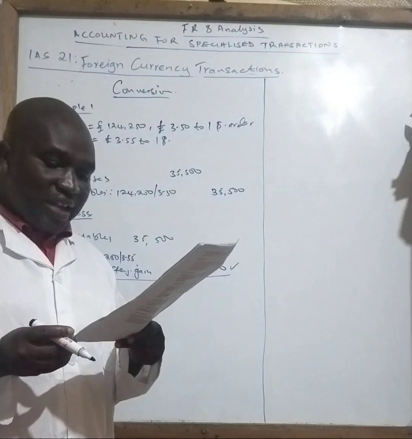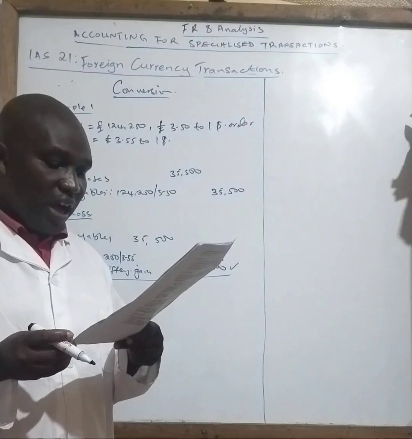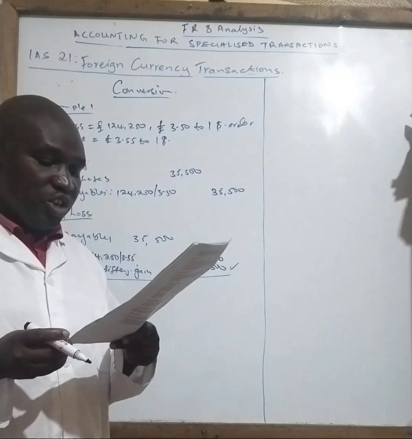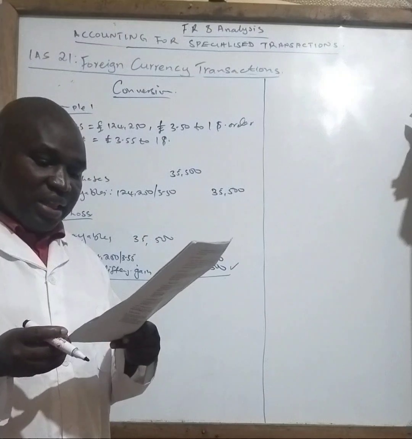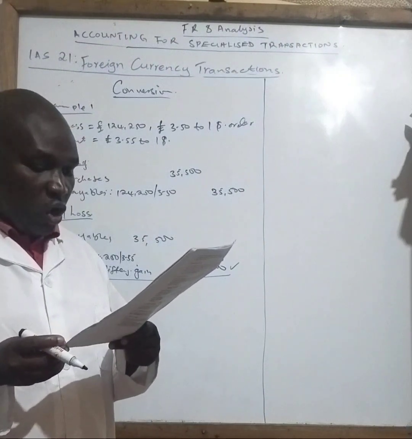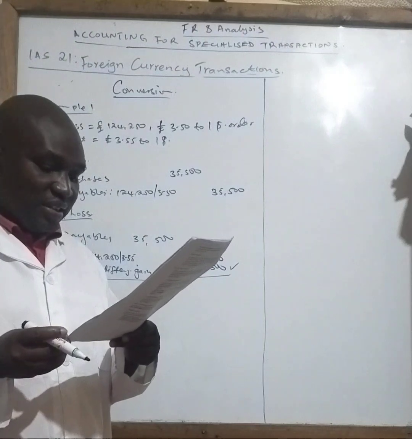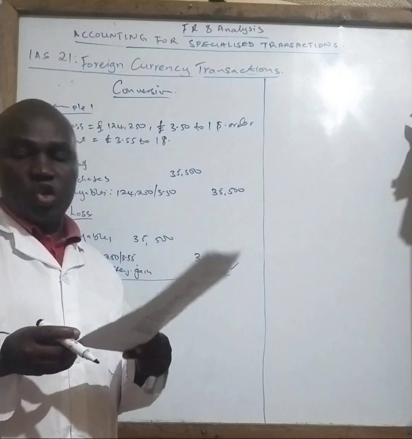We will further assume that the exchange rate at the time of sale is 10.75 yuan to $1. But when the debt is eventually paid, the rate has altered to 10.8 yuan to $1. Make journal entries and determine exchange gain or loss.